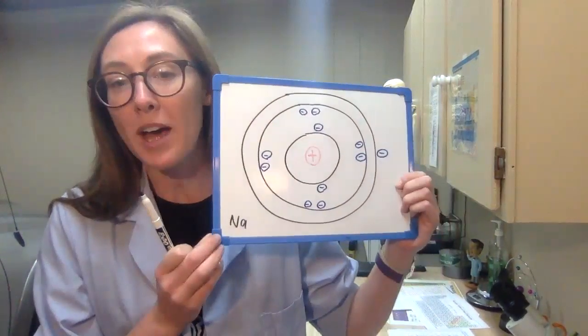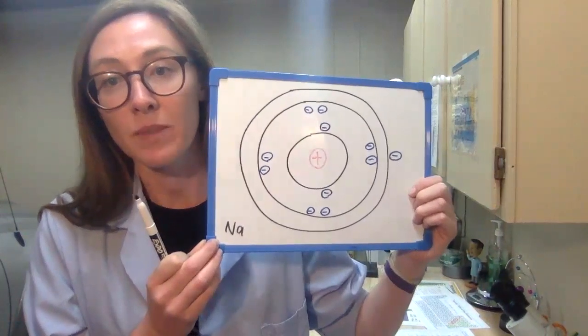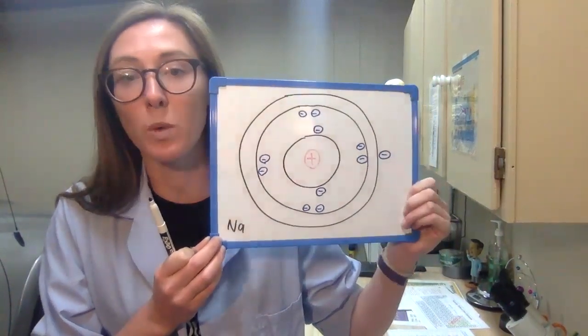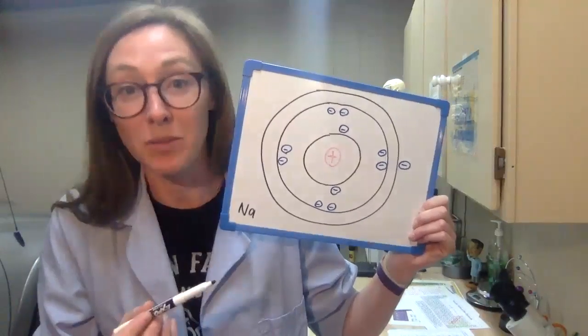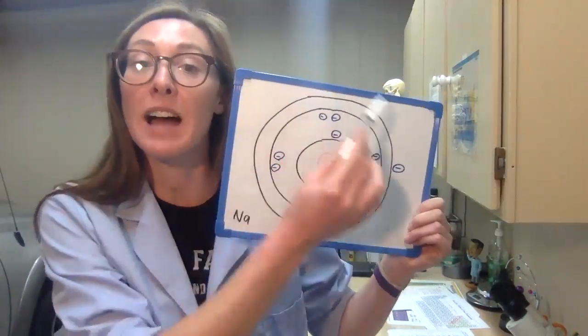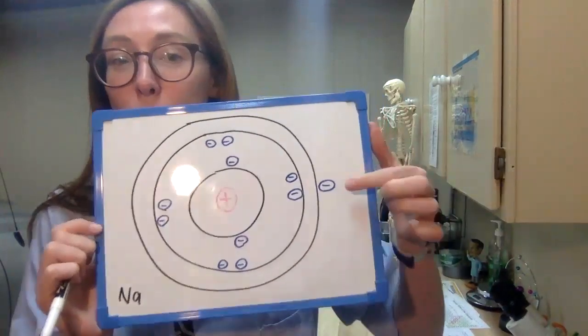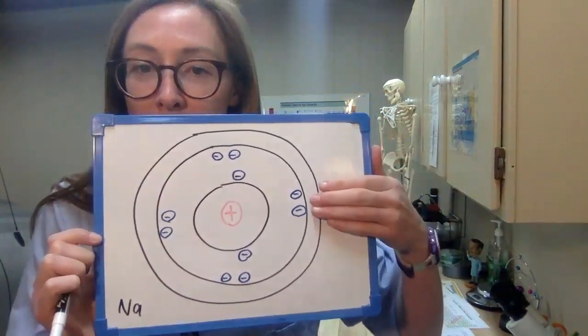So what this sodium atom is going to try to do is one of 2 things. Option 1 is to get 7 more electrons in order to fill out this outer shell and reach magic number 8. Option number 2 is just to get rid of this 1 electron.